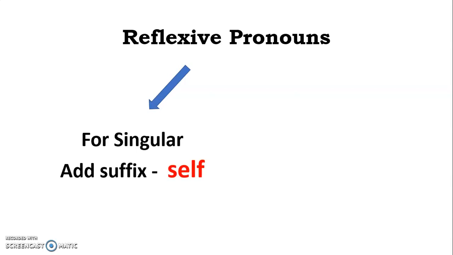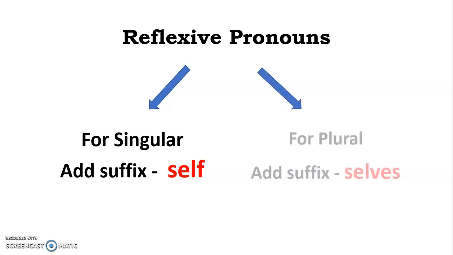When we want to make reflexive pronouns for singular number, we add suffix self. And when we want to make reflexive pronoun for plural number, we have to add suffix selves. This is very important for you to remember. Then easily you can form reflexive pronouns.